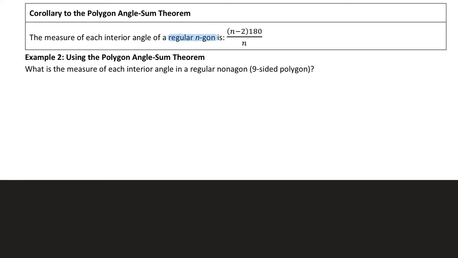So if we have a nonagon, a 9-sided polygon, that means n equals 9. So to find the measure of each interior angle, we're going to take 9 minus 2 times 180 divided by 9. So 9 minus 2 is 7.